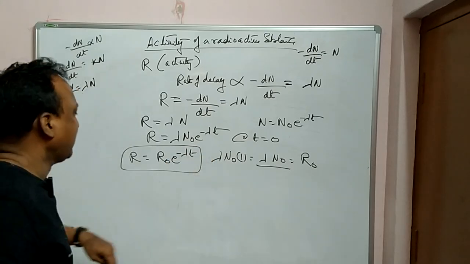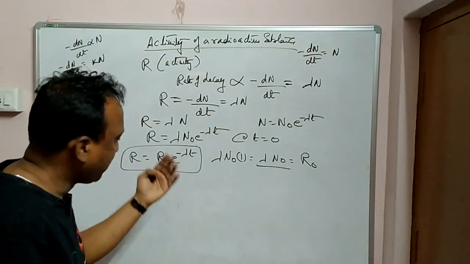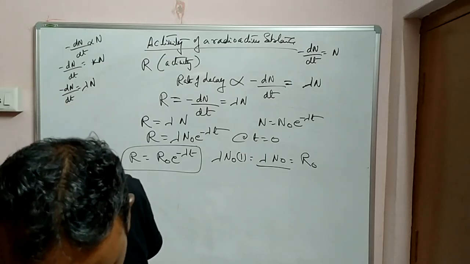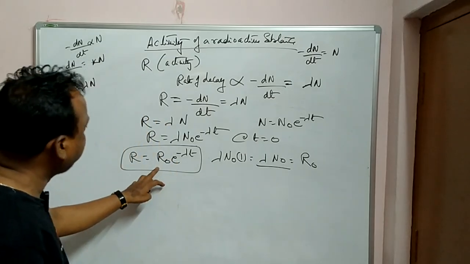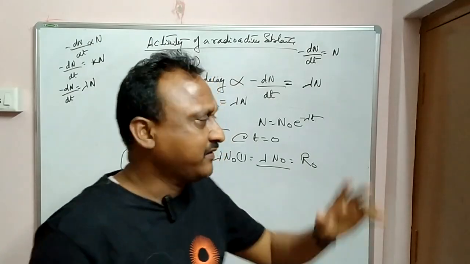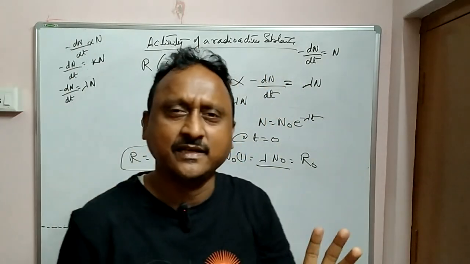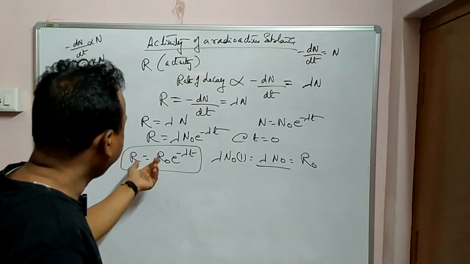Same equation: N is equal to N0 into e power minus lambda t, R is equal to R0 into e power minus lambda t. This is the activity formula, and it is the same formula. Where there you use N in radioactivity, here you are using R for activity.